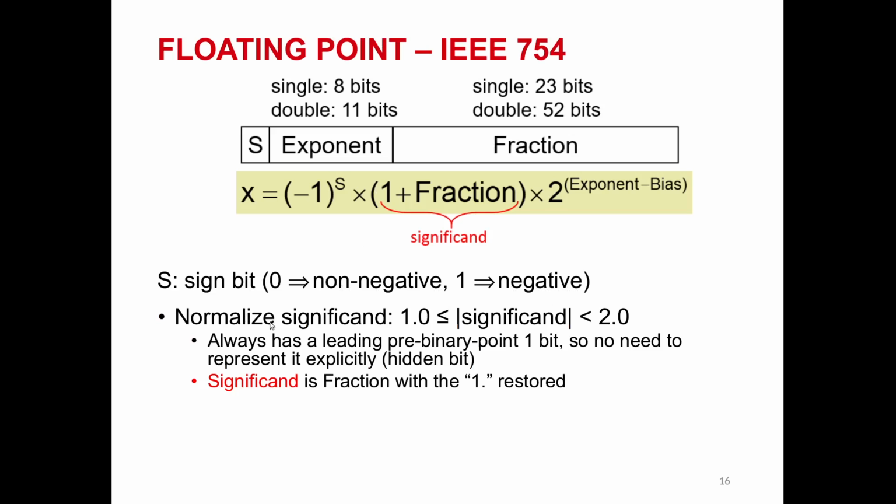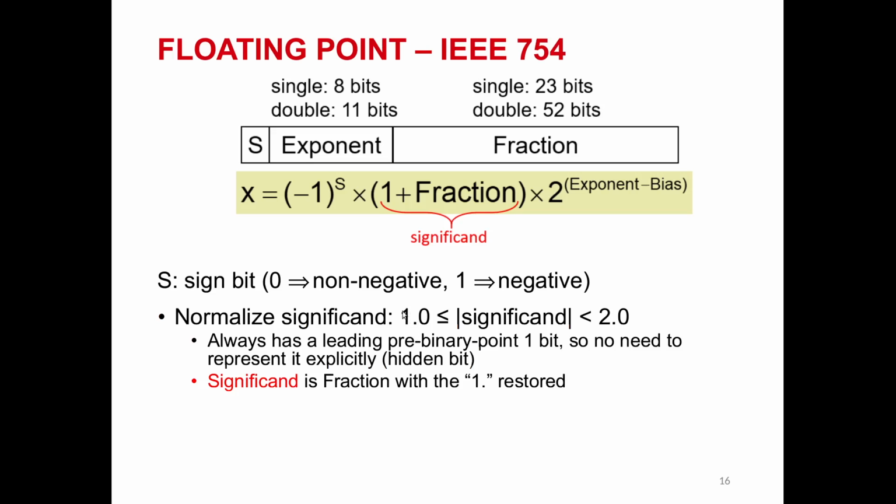In order to normalize the significand, we can see here 1 is smaller or equal to the significand and smaller than 2. So here you can see that the significand will range from 1 point something to very close to 2, but it is still 1 point something, which implies that this leading 1 bit can be removed.